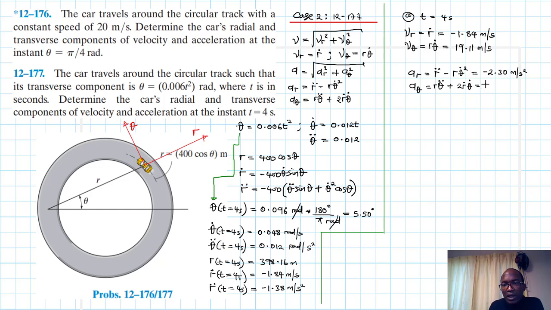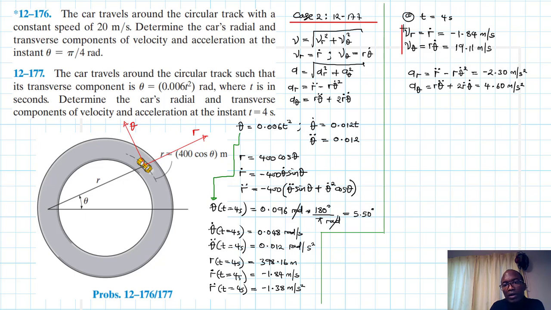All right, so this we find 4.60 meters per second squared. Let me repeat this one: r, 398.16 by theta double dot, plus 2 by r dot, which is minus 1.84, close bracket, times theta dot. Alright, there we go. So we found the components.